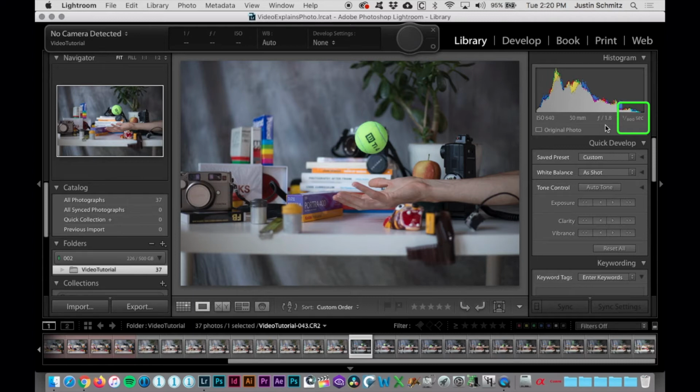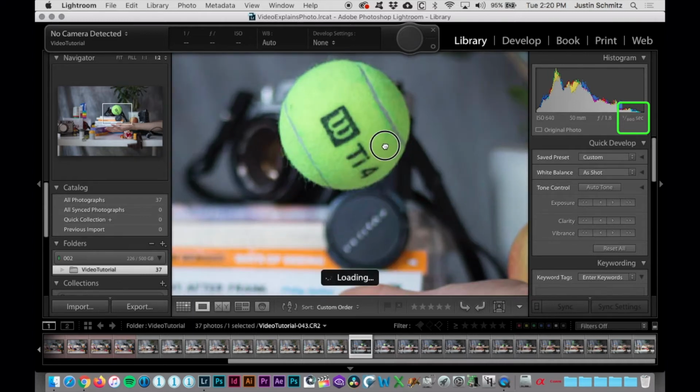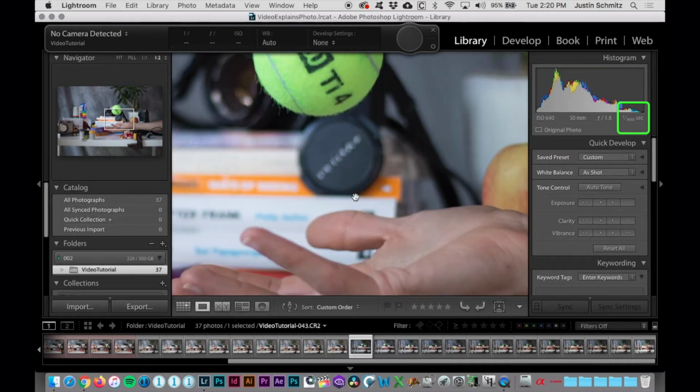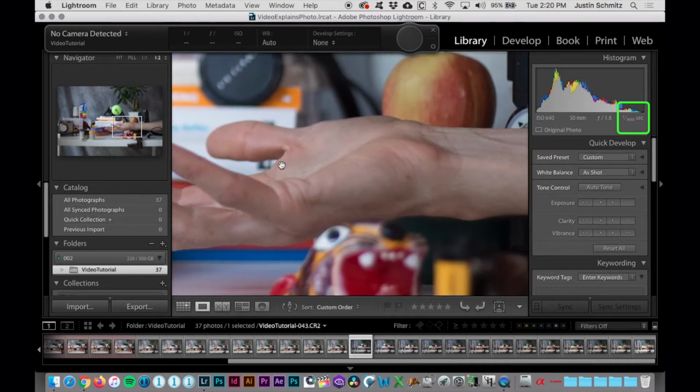And so you can see that when I throw the ball, it stops mid-air. If we go in and look, you're going to see that the motion of the ball has been stopped, and there's really no blur dealing with motion, right? Because we have blur because of focus, but there's no motion blur.